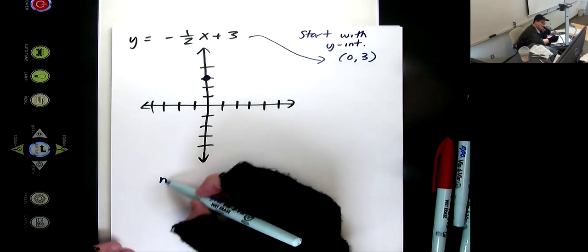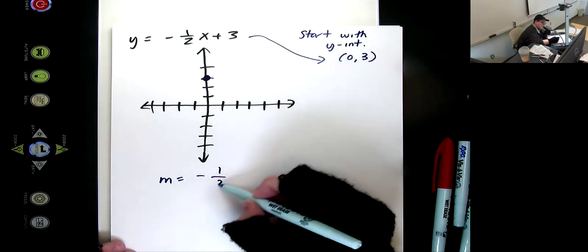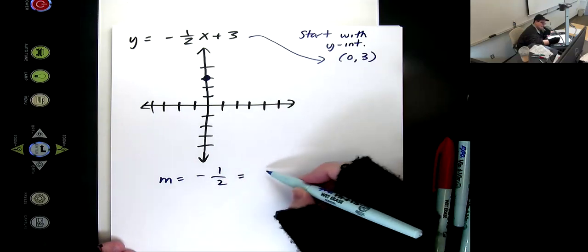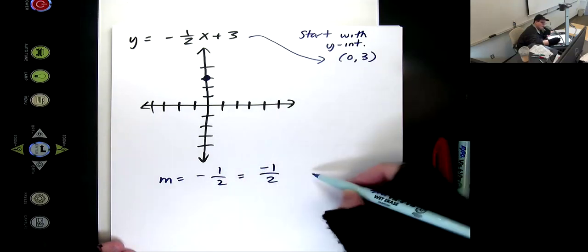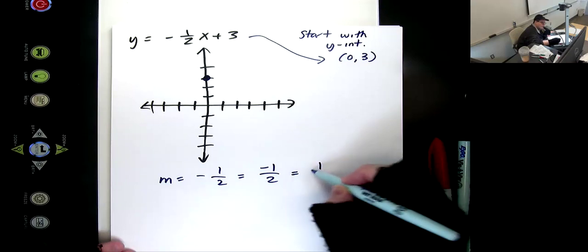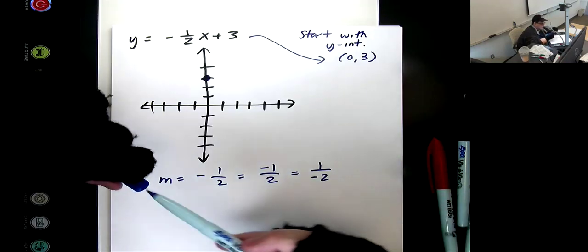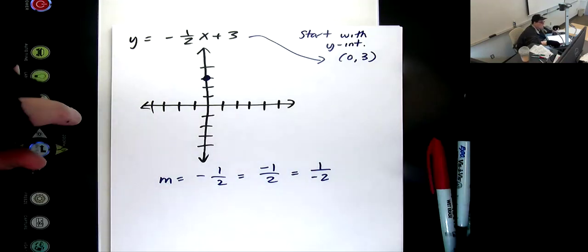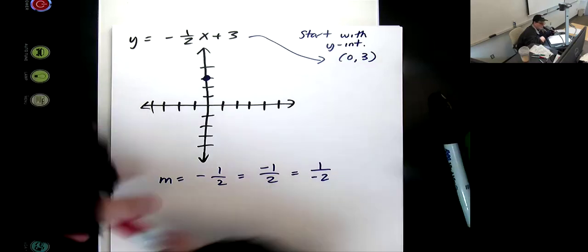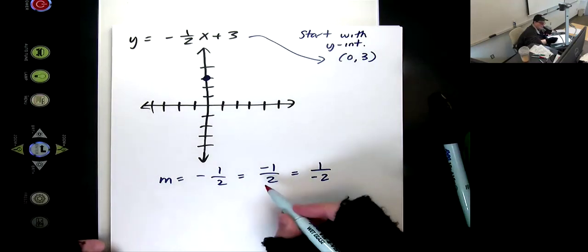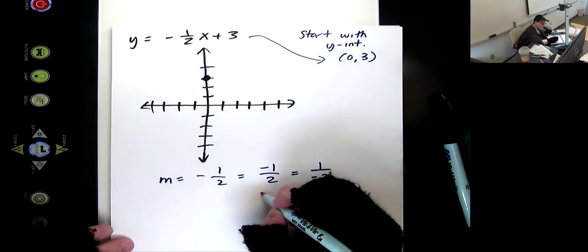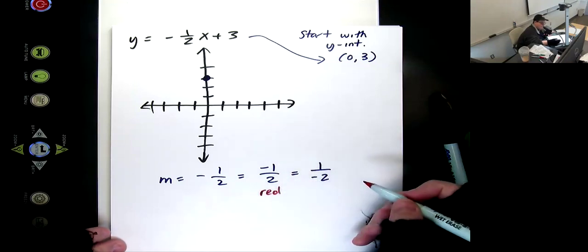Slope being -1/2. This can be looked at as -1 over +2, or it can be looked at as 1 over -2. We're gonna look at both versions of this. I'll do this one right here. So my red points are following -1 over 2.